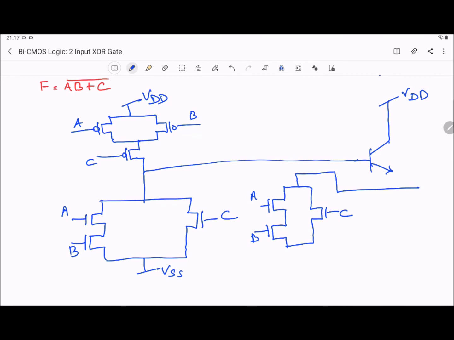One node of the pull down network is connected to the output node and another node is going to be connected to the base of the second BJT transistor.